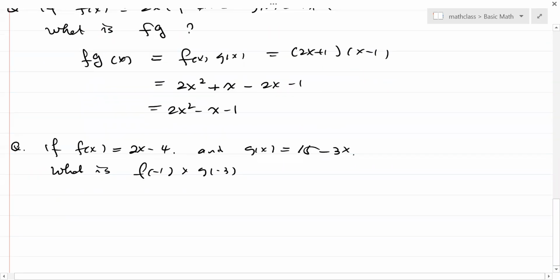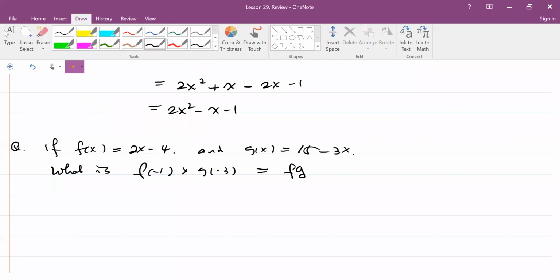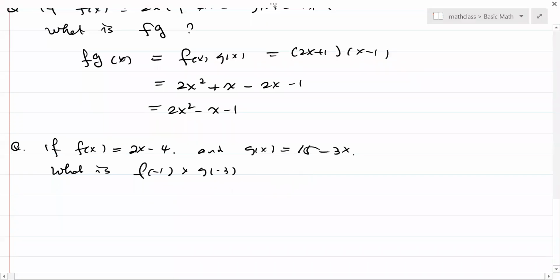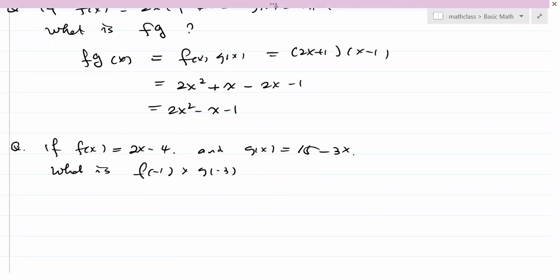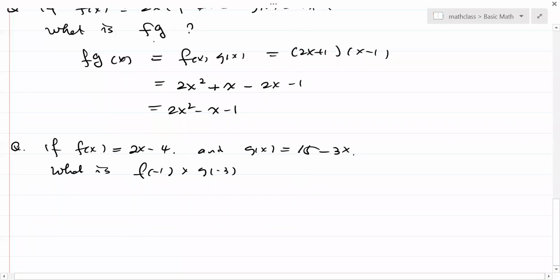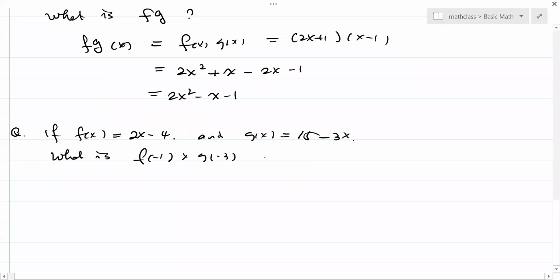In some books this is written like fg, but no, this is just a product of two values. It has nothing to do with the product of functions, because you evaluate at two different numbers. All you have to do is evaluate each of them, and then compute it. If you understand this concept, then it's easy.